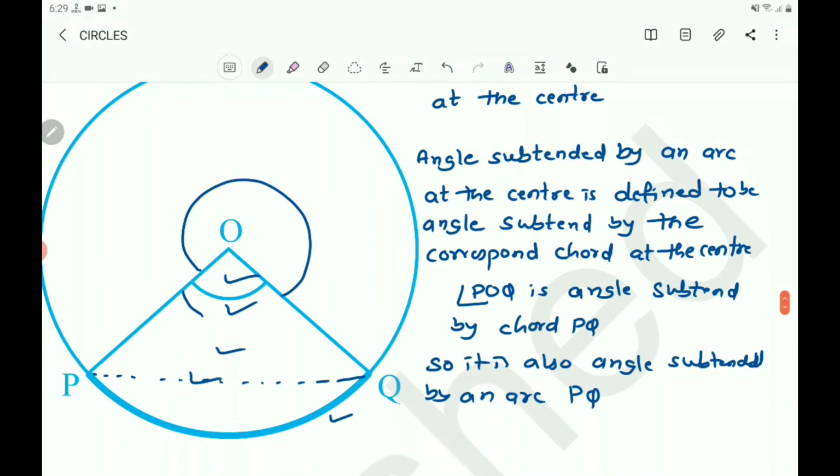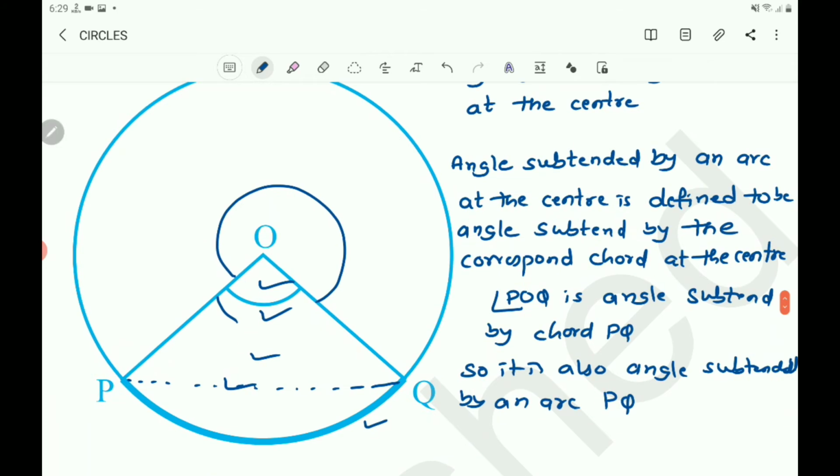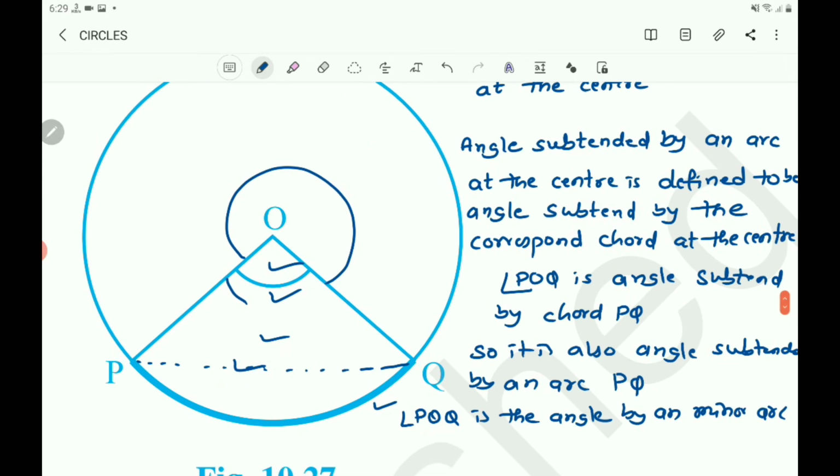So you write that angle POQ is the angle by the minor arc and reflex angle POQ is the angle by the major arc.